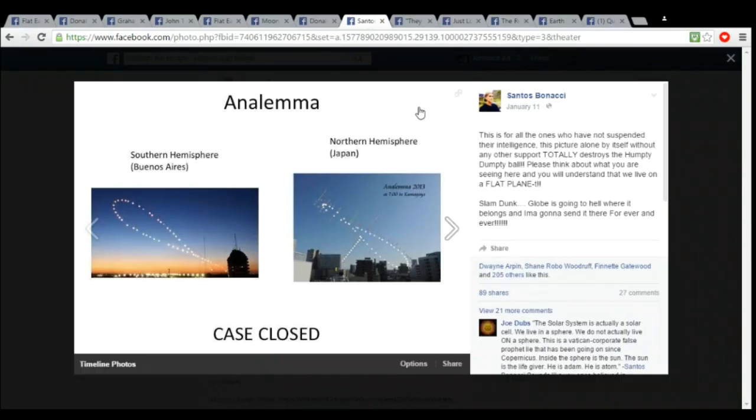Alright, this is what they were talking about before, folks. When you can plot the sun or the moon's course in the sky, the solar system or the moon system, and their heliopathic direction in the sky. So this is one of the ones in Buenos Aires in the southern hemisphere, and the same thing is in Japan. I don't know what island of Japan exactly, but hey.